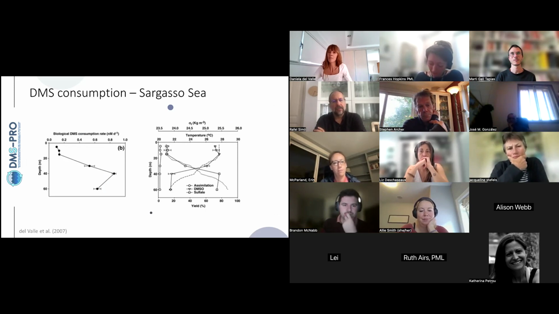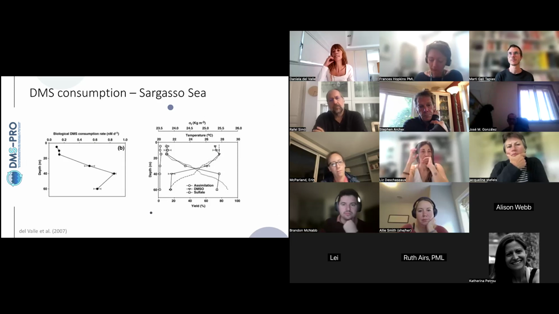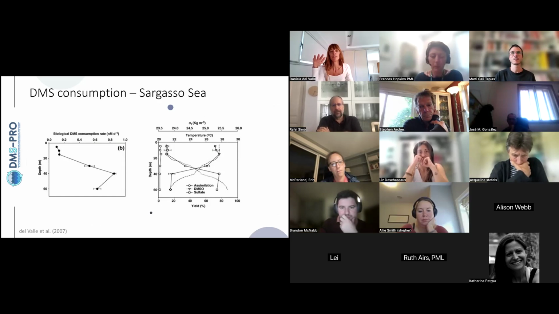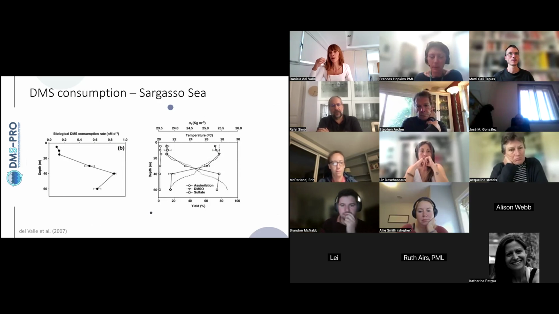This is just an example to show the potential for the technique. This is a depth profile of DMS consumption rates obtained in the oligotrophic Sargasso Sea, where you can see how we're able to determine very low rates of about 0.1 nanomolar per day of DMS consumption in surface water with high precision.